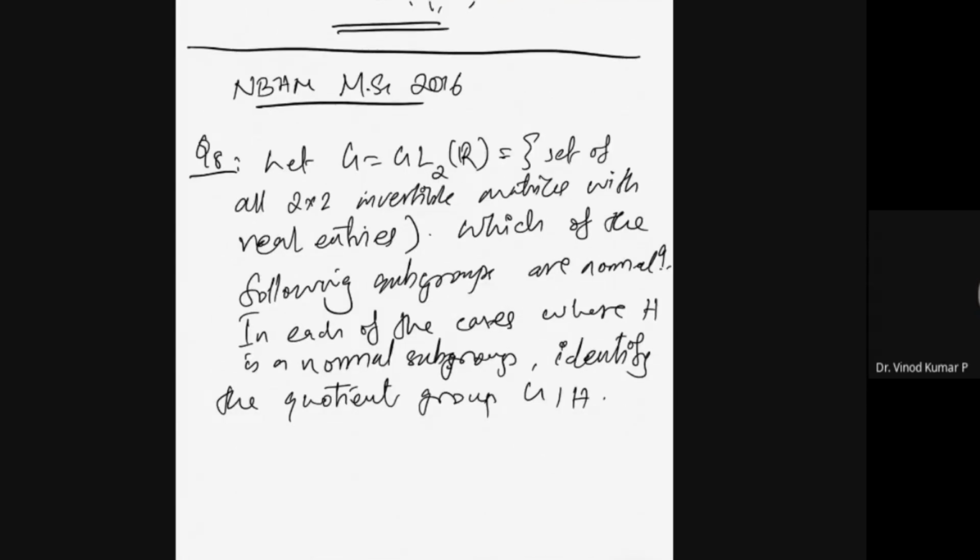The group under consideration is the set of all 2 by 2 invertible matrices with real entries. It is a group under usual matrix multiplication, and the inverse is the usual inverse of a matrix in this group, and the usual identity matrix is the identity of this group.